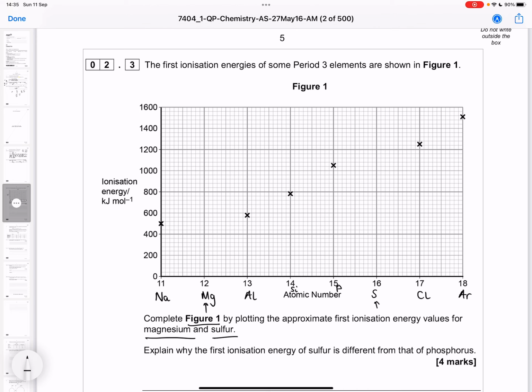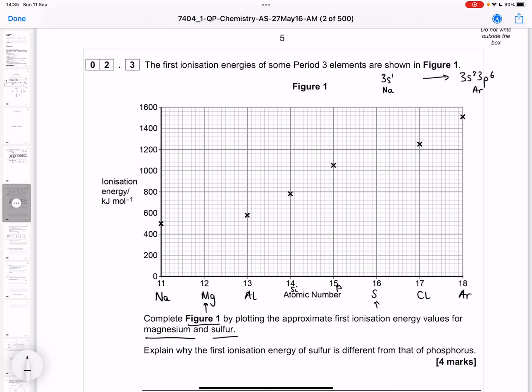So this is really asking you, do you understand that as you go across this period, your electron configuration goes from 3s1 all the way across to 3s2 3p6. So sodium is 3s1, and then argon at the end is 3s2 3p6. How is that being reflected in first ionisation energy?